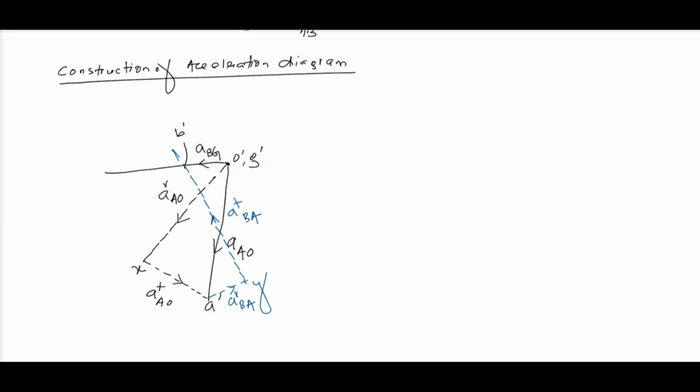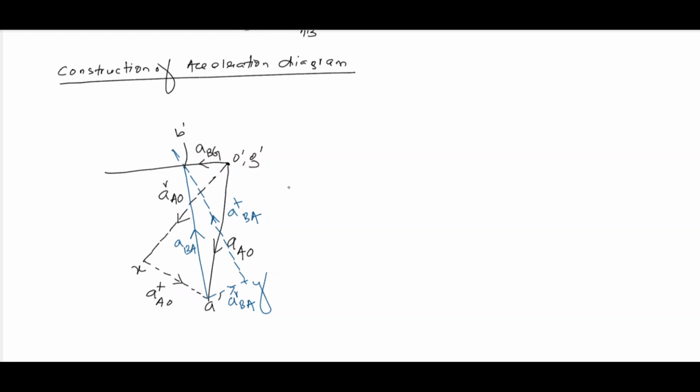Now you join this B dash and A dash. This will give you the total acceleration component of B with respect to A. Okay, am I clear?